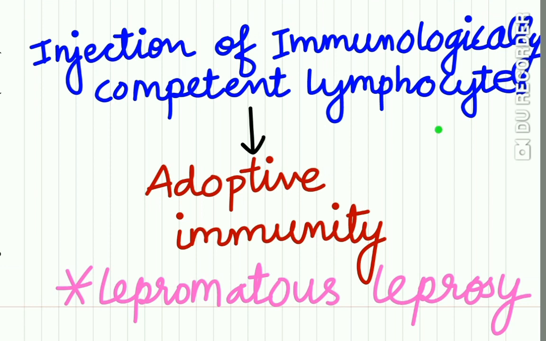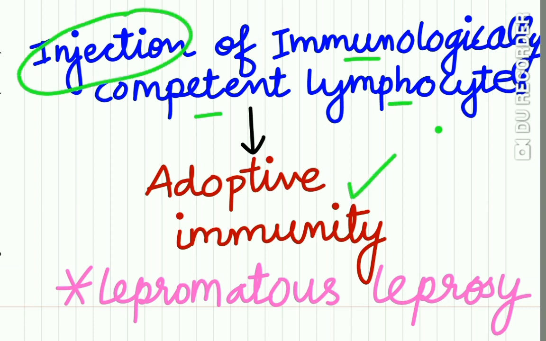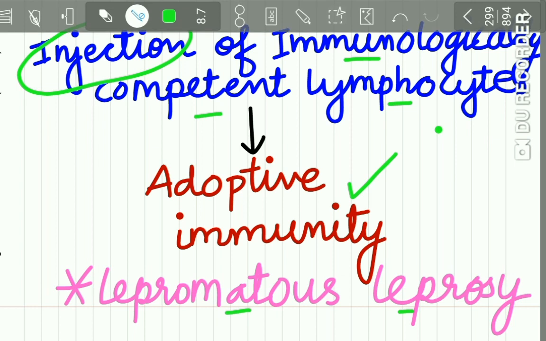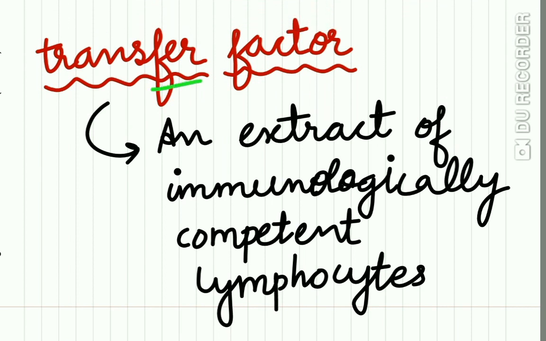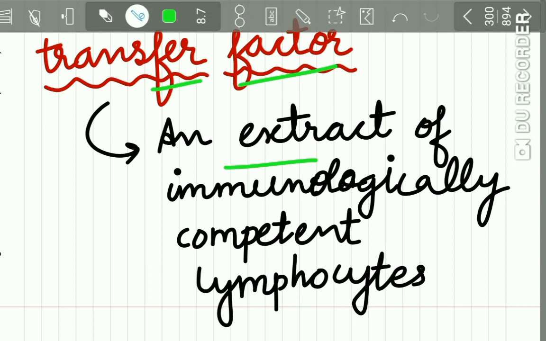Adaptive immunity is the injection of immunologically competent lymphocytes, and this injection results in the formation of adaptive immunity. It is used in the treatment of lepromatous leprosy. Such lymphocytes are called transfer factor. These transfer factors are an extract of immunologically competent lymphocytes which is used to acquire adaptive immunity.